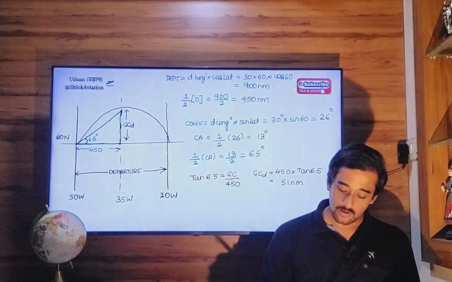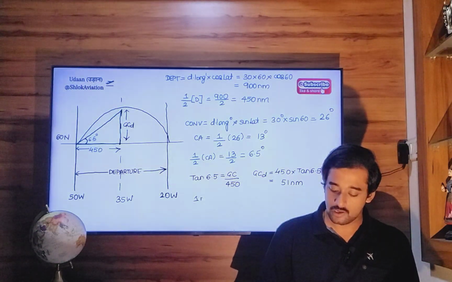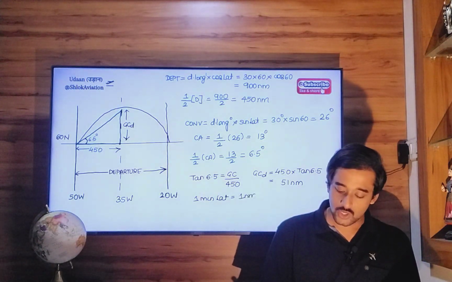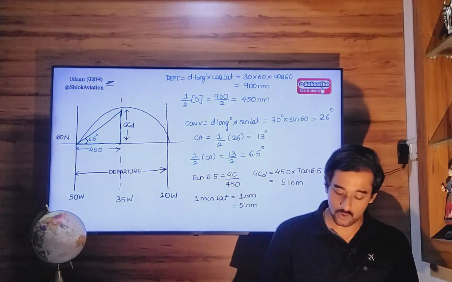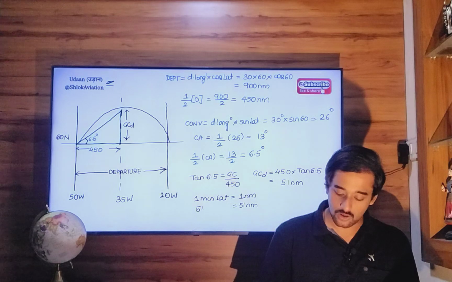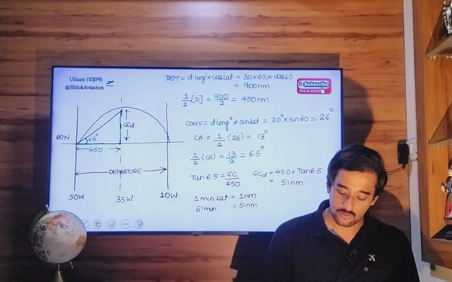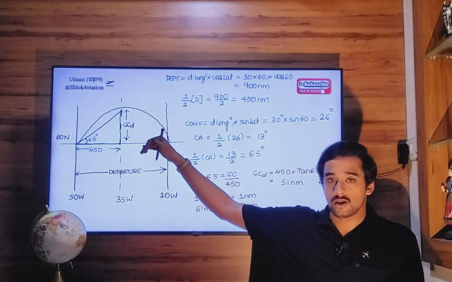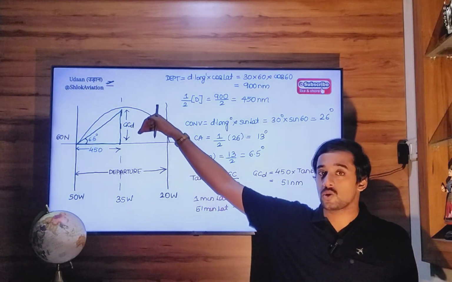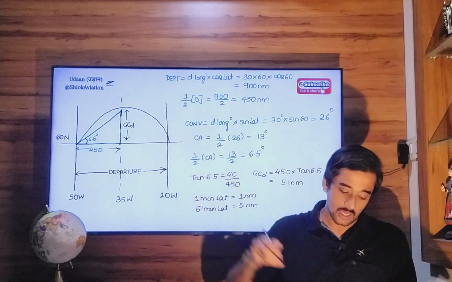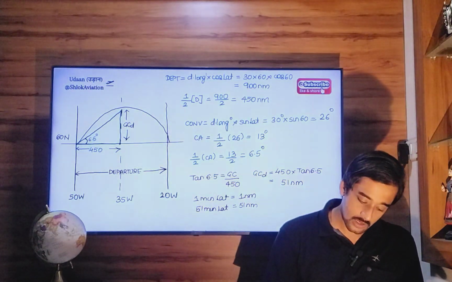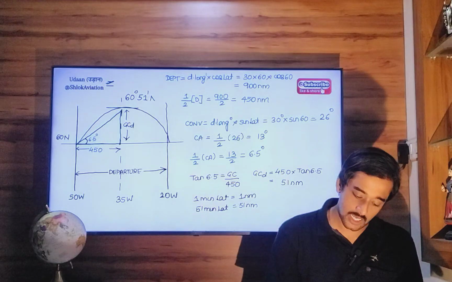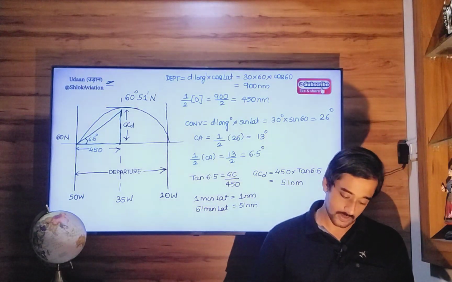Now we all know that 1 minute of latitude is equal to 1 nautical mile. So 51 nautical miles will be equal to 51 minutes of latitude. So this is your 60-degree north latitude. When you travel 51 minutes towards the north pole, the new latitude will be 60 degrees 51 minutes north.